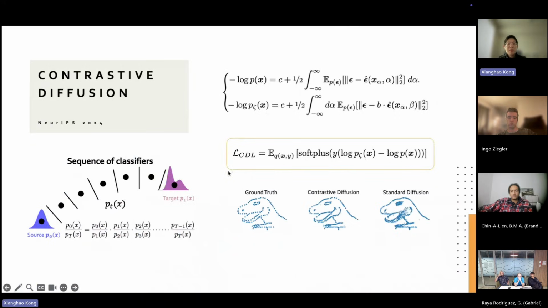We have a very simple example here with synthetic data, showing the ground truth data, the generated graph with our contrastive diffusion loss, and also the one with the standard diffusion loss. We can clearly see that the contrastive diffusion loss improves the diffusion model's discriminability, right? Because at each time step, it implicitly trains an LLR classifier. It will push the model towards the optimal denoiser during training.